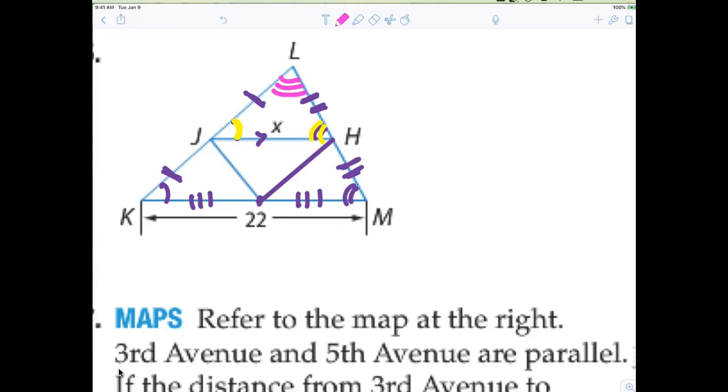This side is equivalent to, let me just call this x. JX is going to be equivalent to LH and HM.